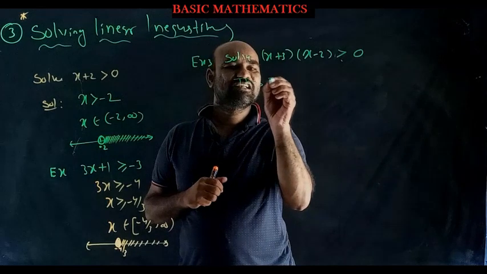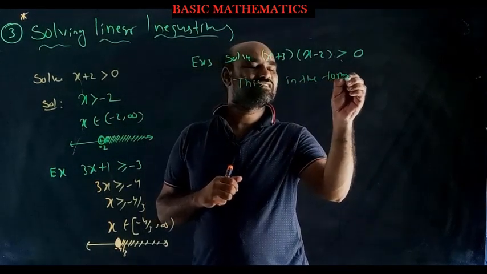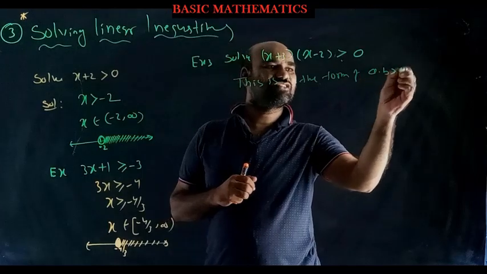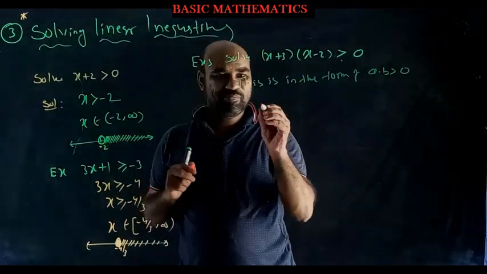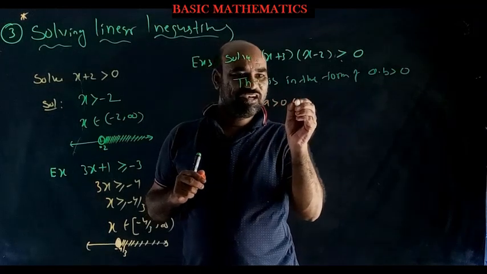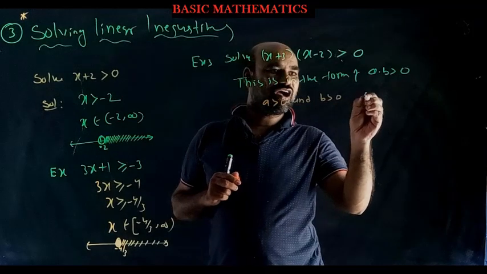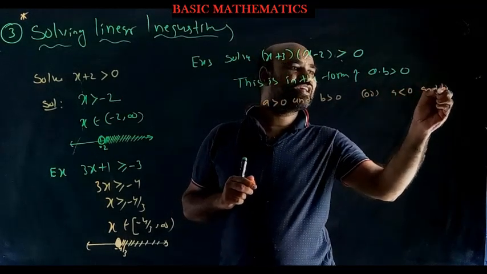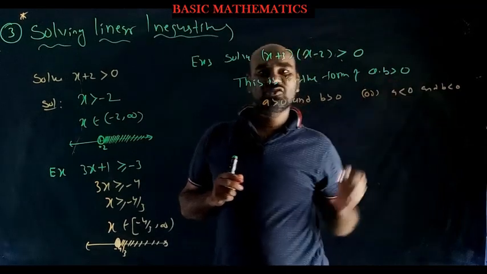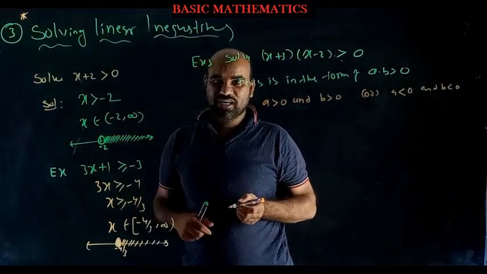This is in the form of a into b greater than 0. I already explained a into b greater than 0. Two things happen. a greater than 0 and b greater than 0, or a less than 0 and b less than 0. Product is positive means both should have the same sign. Both should be positive or both should be negative.